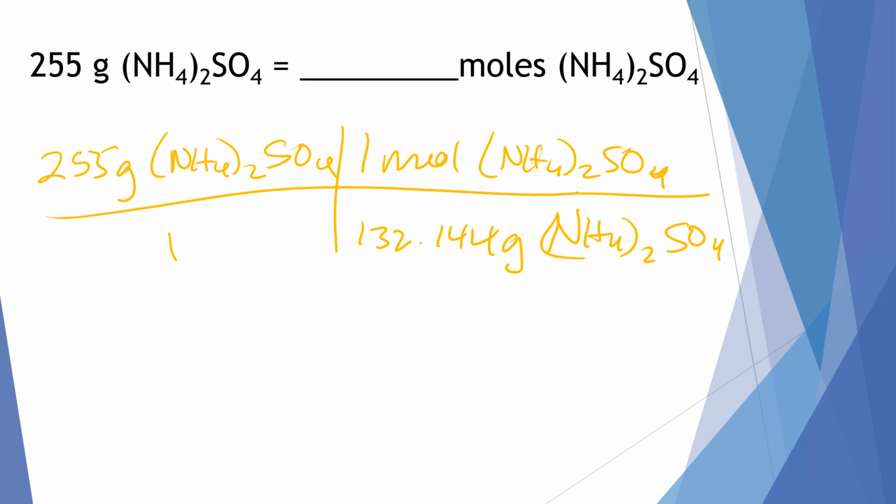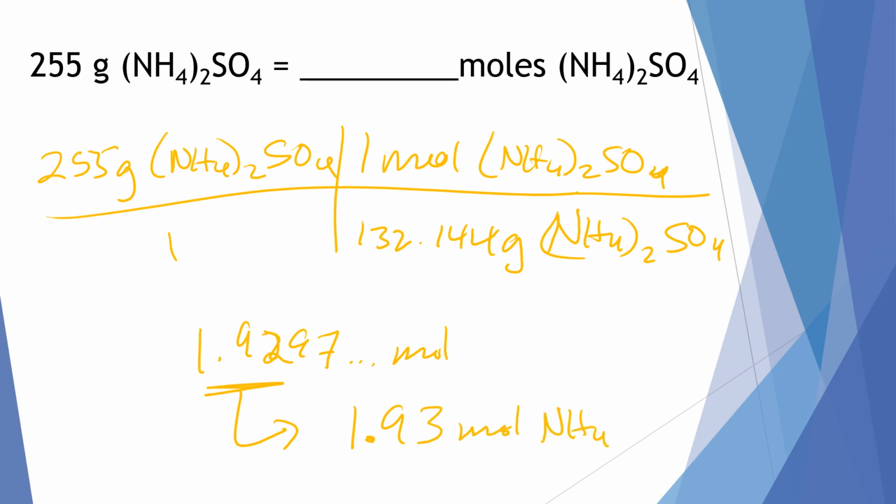So 255 divided by 132.144 would give us 1.9297 moles. So 3 sig figs. So it's going to be 1.93 moles of (NH4)2SO4.